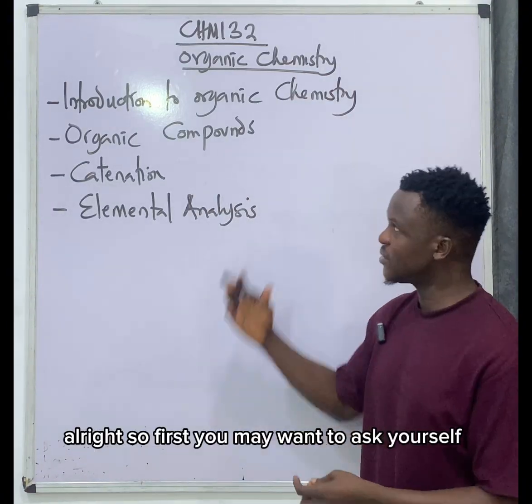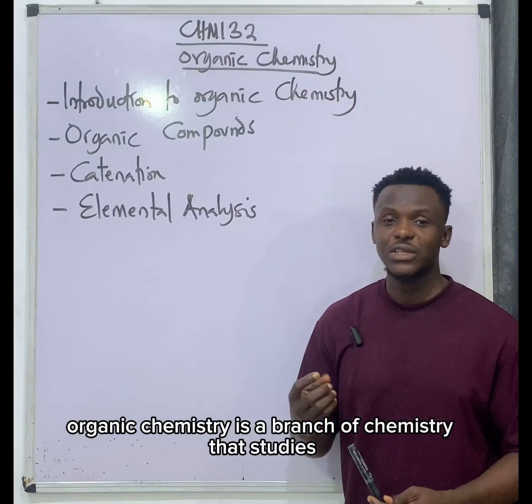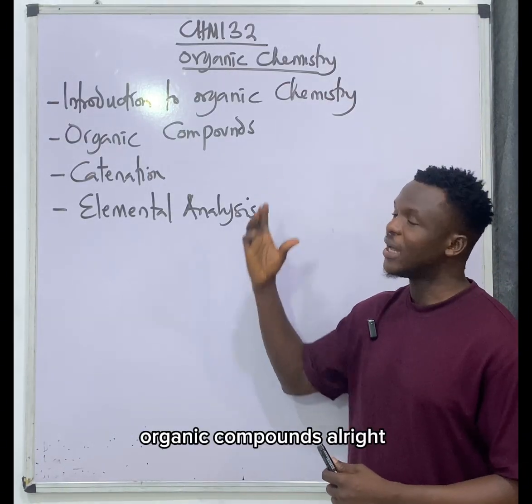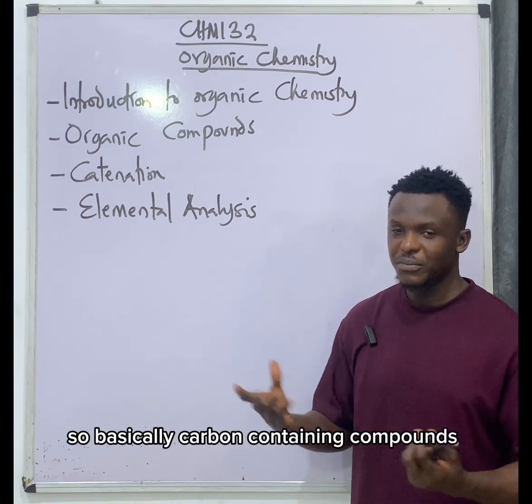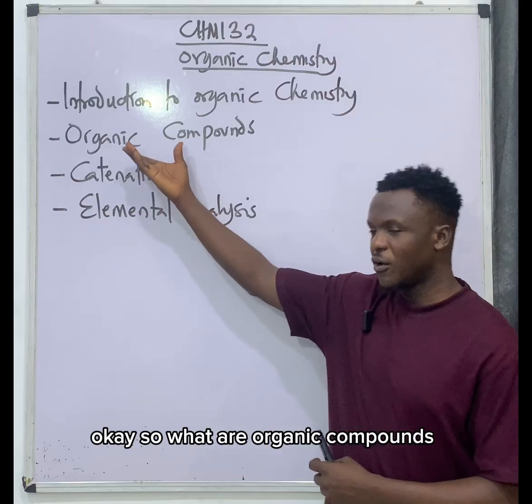All right, so first you may want to ask yourself, what is organic chemistry? Organic chemistry is a branch of chemistry that studies organic compounds, all right? So basically carbon-containing compounds.